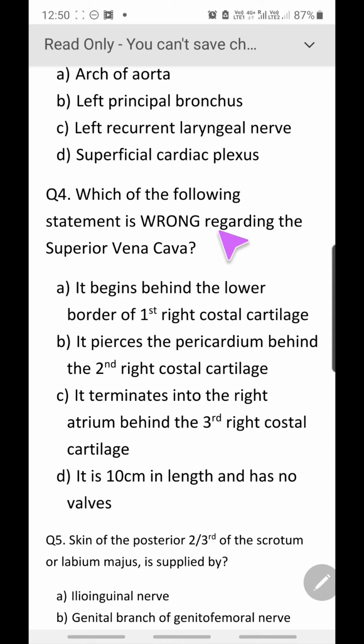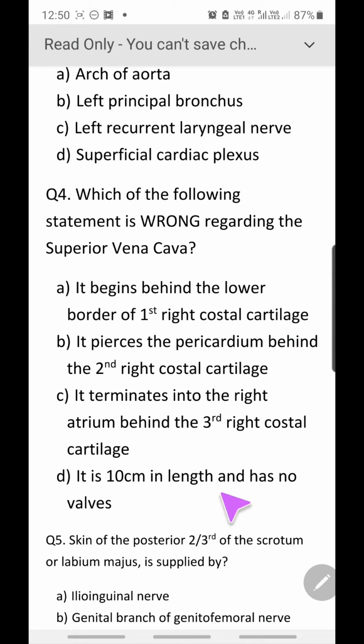Which of the following statement is a wrong statement regarding the superior vena cava? It begins behind the lower border of the first costal cartilage. It pierces the pericardium behind the second right costal cartilage. It terminates into the right atrium behind the third right costal cartilage.